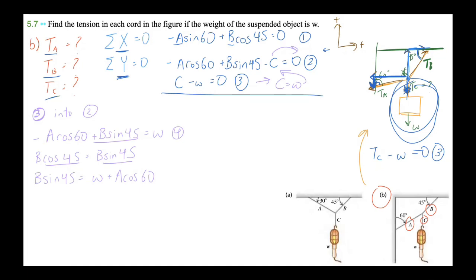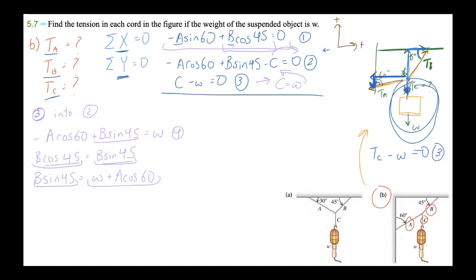Now we know that we have this equation over here, but we want to isolate so that we only have one variable in here. So we can use substitution. Let's substitute this, because you said b cos 45 is equal to b sine 45, and b sine 45 is equal to w plus a cos 60.